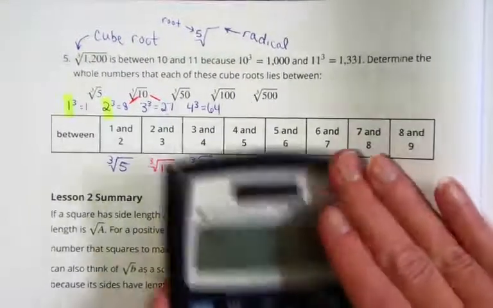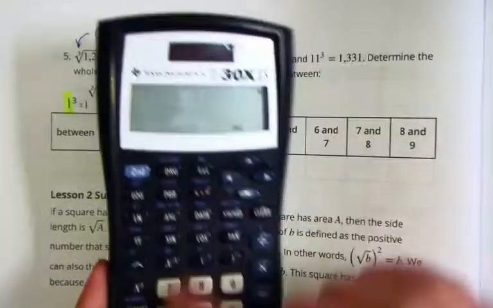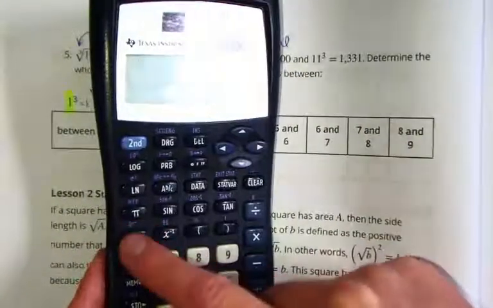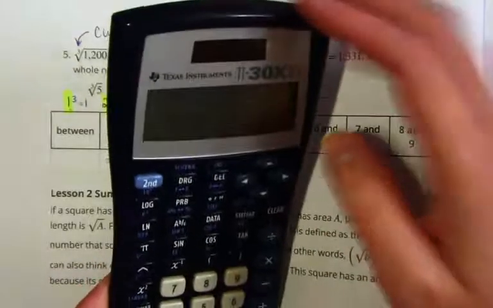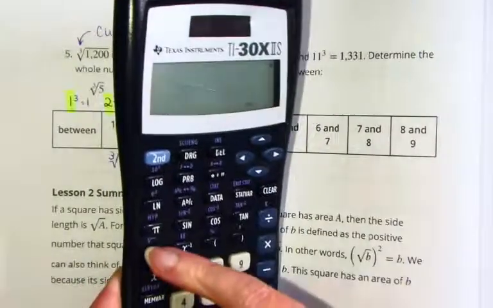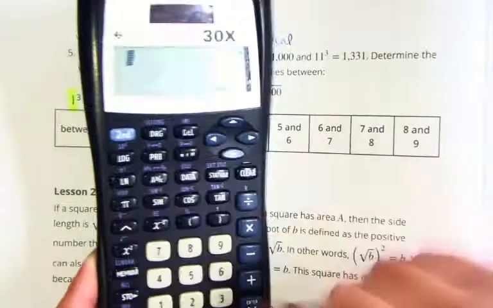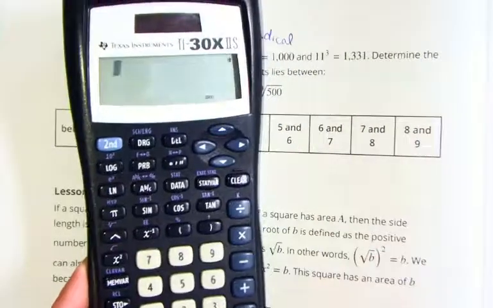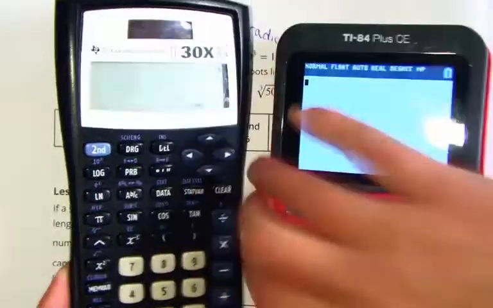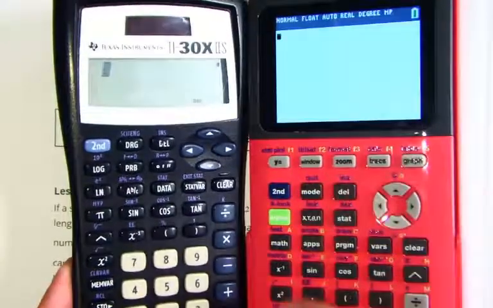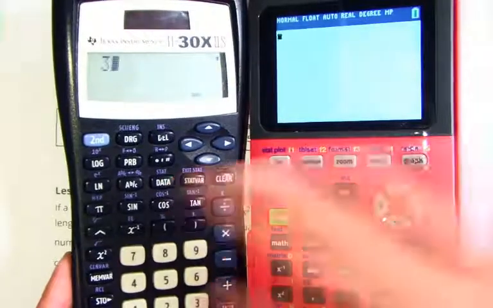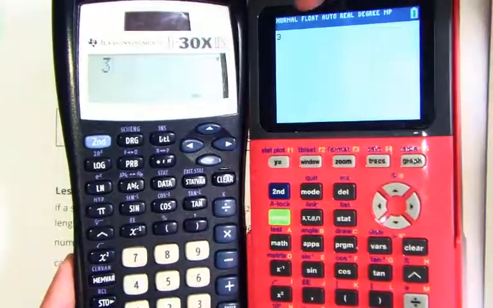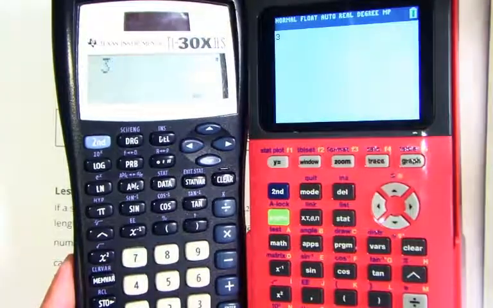If you're using one of these nifty little guys here, finding that third root, you might see it right here, where it's got an x in front of the root symbol. For both types of calculators, if you want to take anything higher than a square root, like a third root, you have to type the 3 in first.